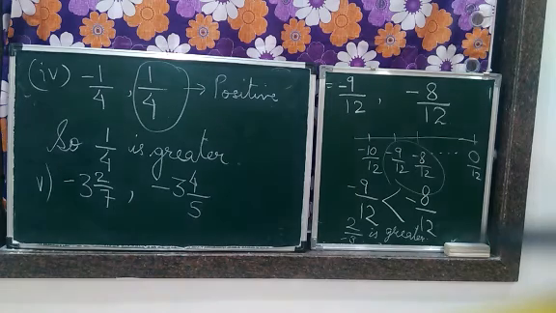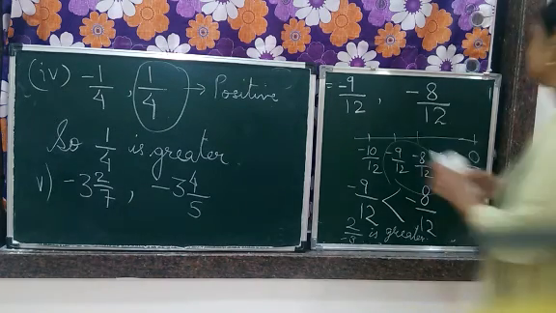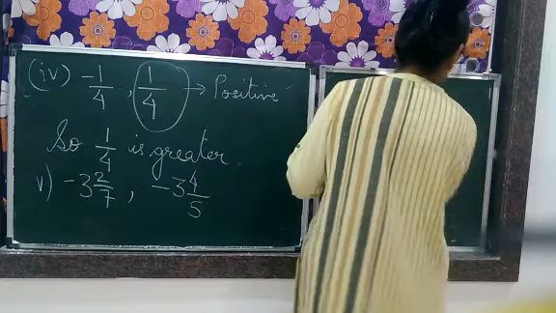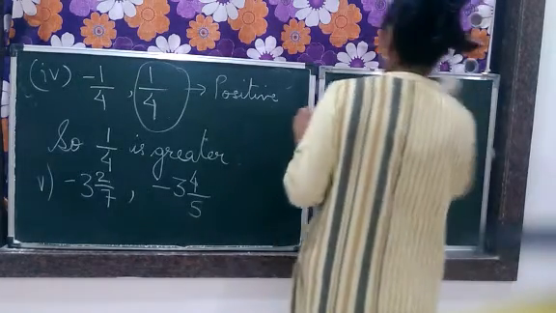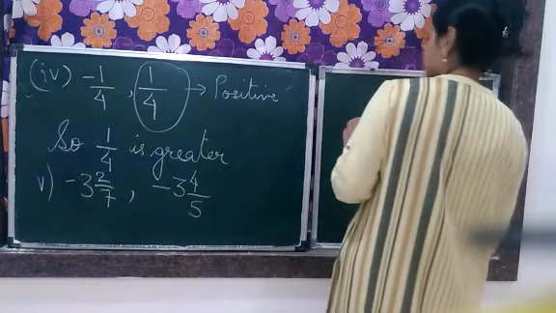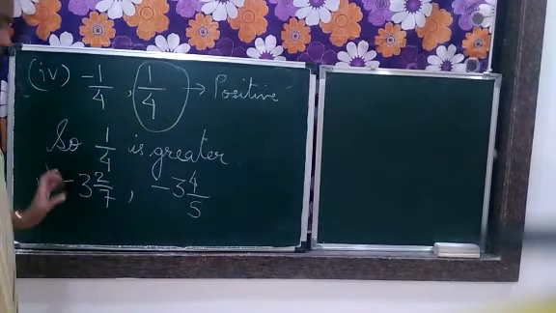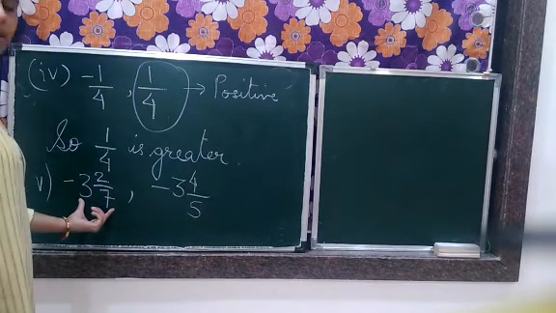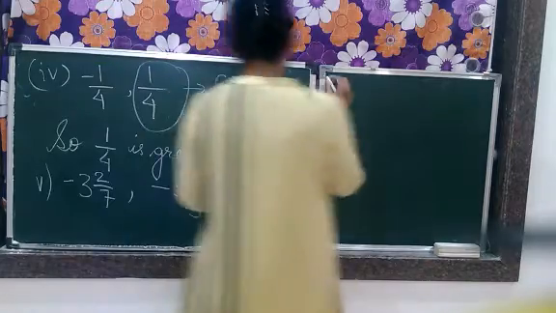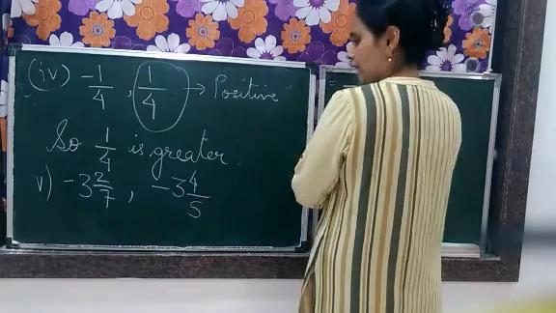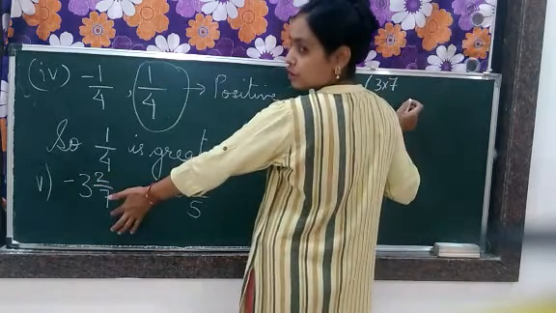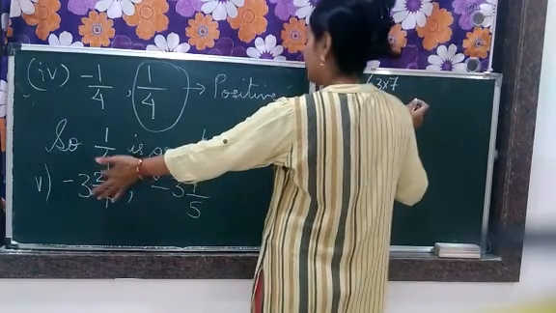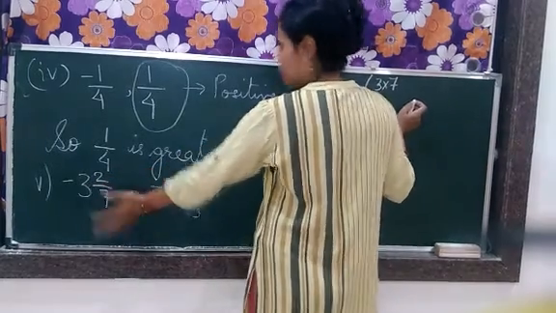So let's do it. So let's just leave the minus sign out and first you convert this mixed number into the fraction. Okay. So let minus be out. Whole number multiplied to the denominator plus the numerator.